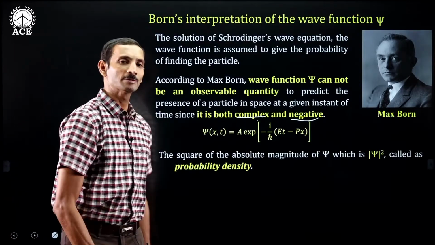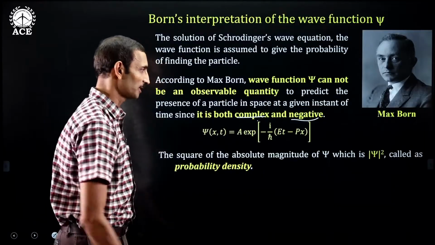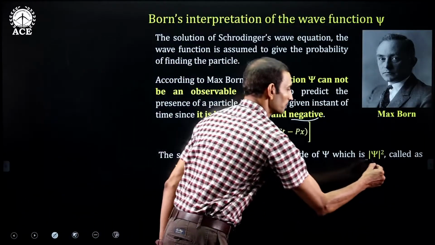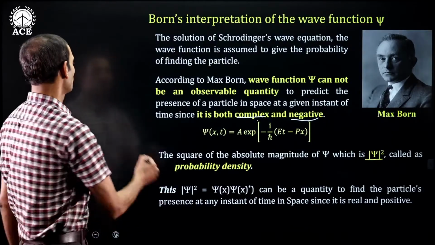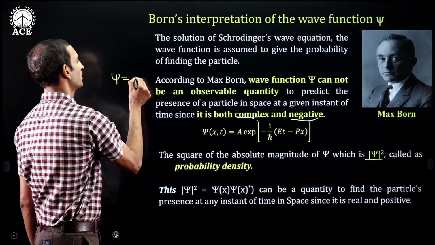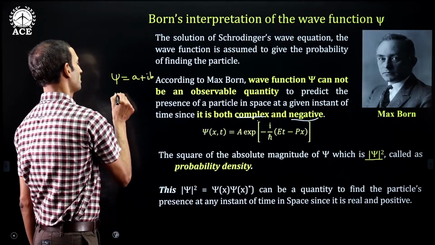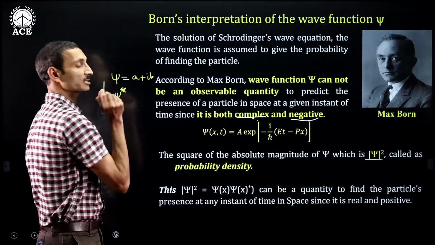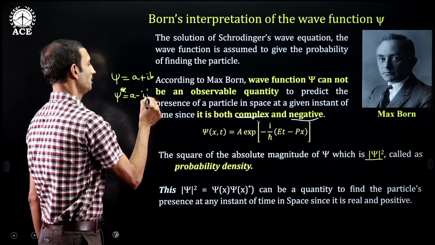So that is nothing but the square of absolute magnitude of psi, that is mod psi square, which happens to be psi into psi star. You know that the complex numbers, if you consider psi to be a complex number like a plus ib, then psi star, which is its complex conjugate, would be a minus ib.